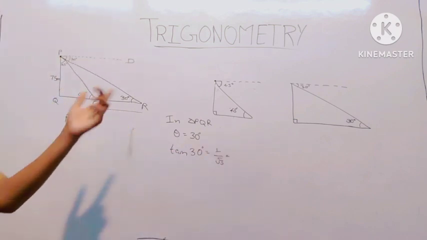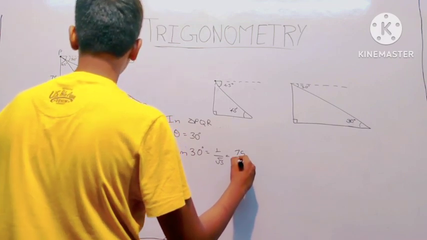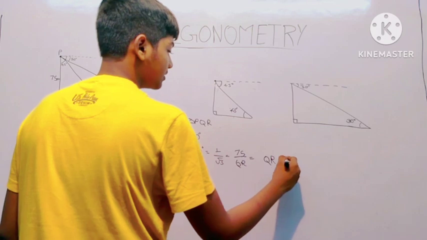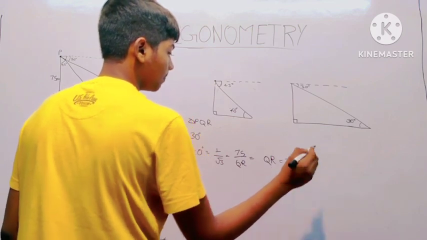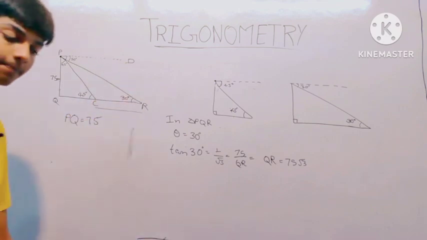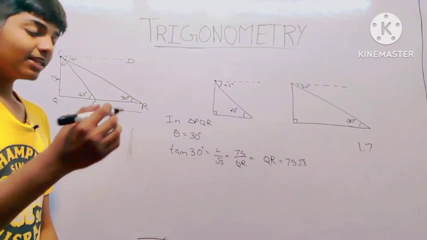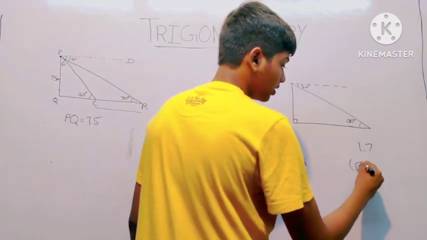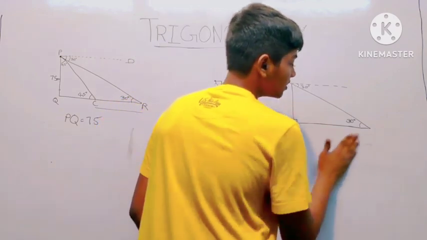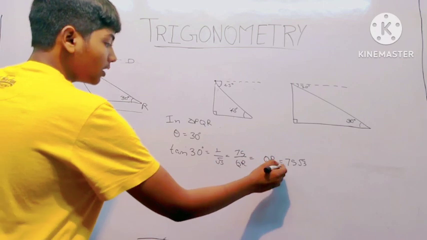Tan is perpendicular by base. The perpendicular is 75 meters. The base we don't know, so the base is QR. So QR is 75 root 3. In the question you can notice that we were not given the value of root 3. In exams you would be given root 3 equal to 1.7, but in this question we were not given that, hence we would not put the value of root 3. So we have QR as 75 root 3.